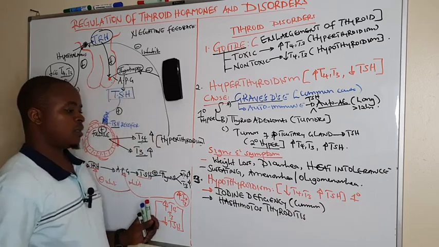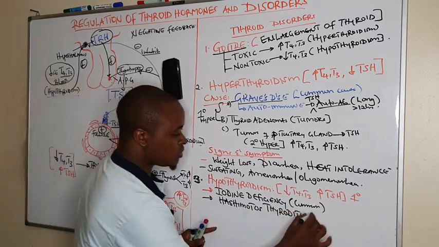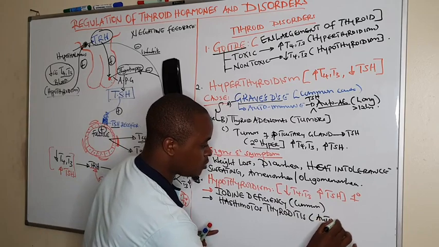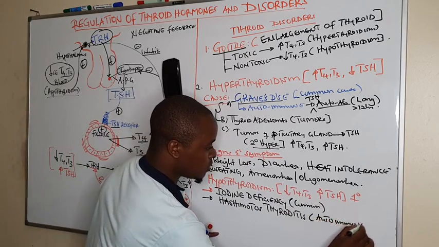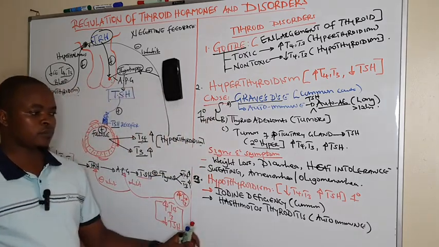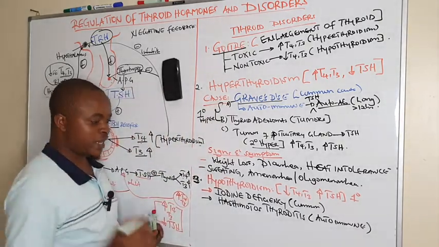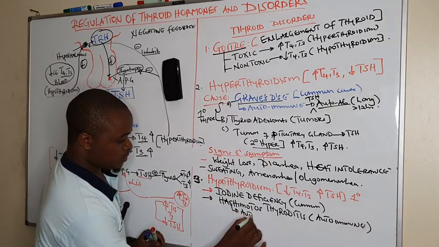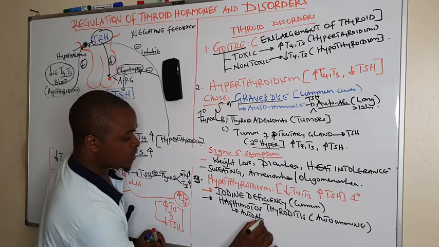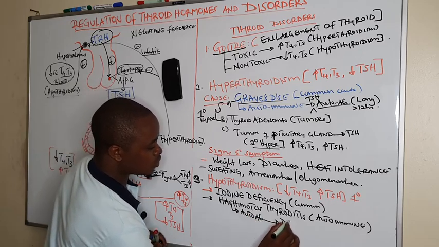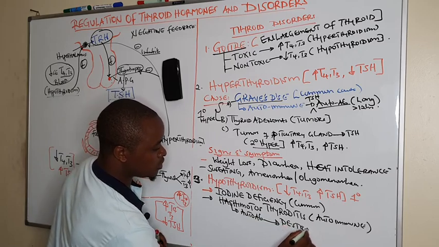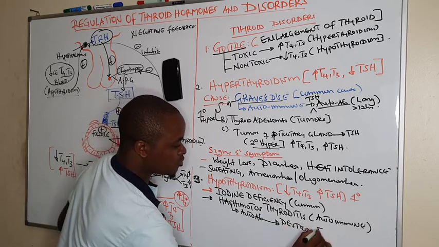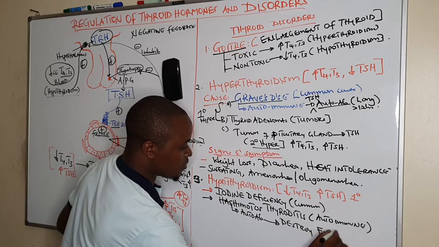Thyroiditis. This is also an autoimmune disorder whereby the body is producing autoantibodies, and these autoantibodies are directed to destroy the follicular cells of the thyroid.